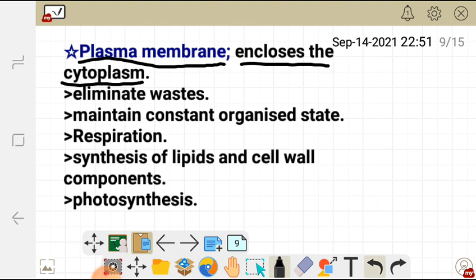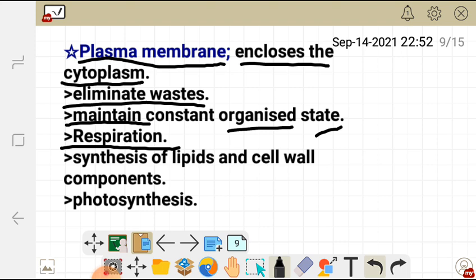It also eliminates wastes, and by eliminating the waste, it maintains a constant organized state inside the cytoplasm. It also helps the bacteria to respire. The process of respiration in a prokaryotic cell takes place in the plasma membrane.